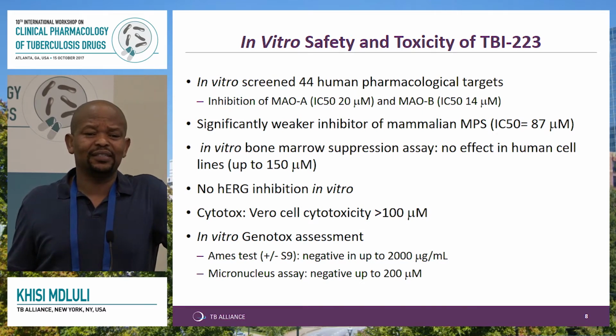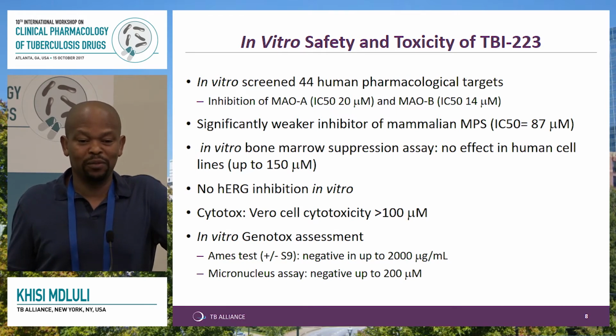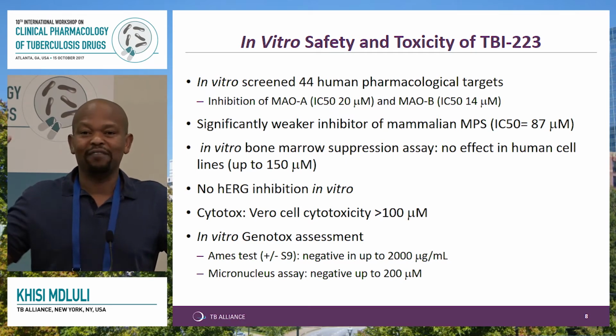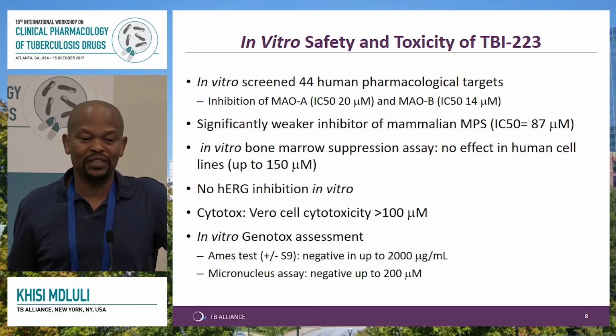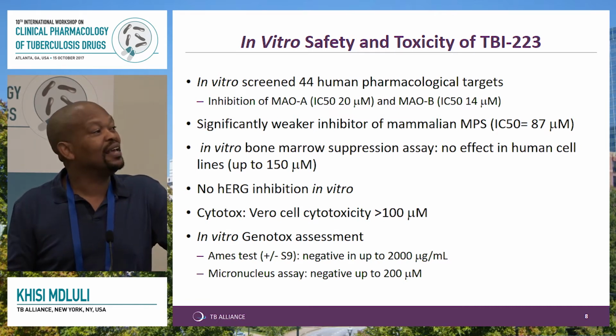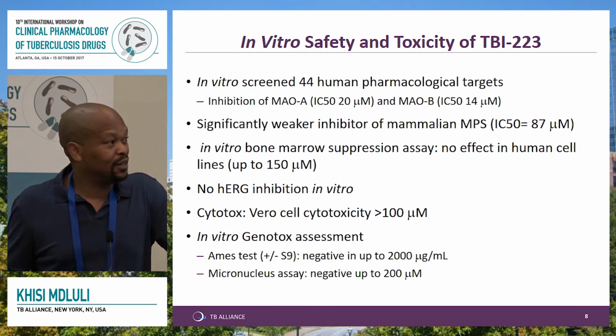We went and looked at the in vitro safety toxicity of this compound, and we found that there were no signals in a 44 human target screen except for MAOA and MAOB, just like linezolid, but even those numbers were improved over linezolid. As I said, this was our biggest concern. Every compound that we made, after we figured that it was active against TB, we sent it right away to a CRO we worked with in China to look at MPS, mitochondrial protein synthesis inhibition, and this compound came out at this nice number of 87 compared to about 5 to 10 for linezolid.